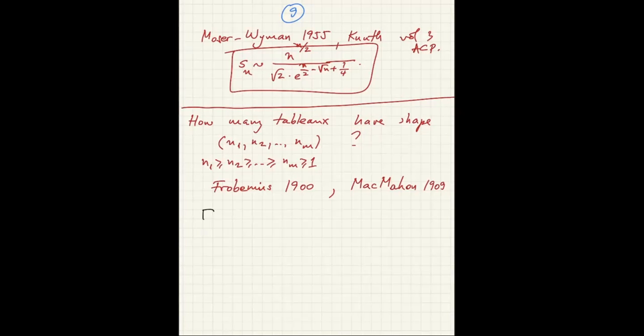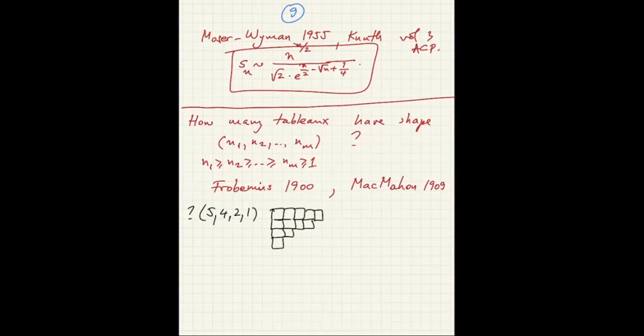Let's say I write it like this: 5, 4, 2, 1. So how many tableaus do we have of this shape? If we write the tableau, we have a 5 here, we have a 4, we have a 2, and we have a 1.